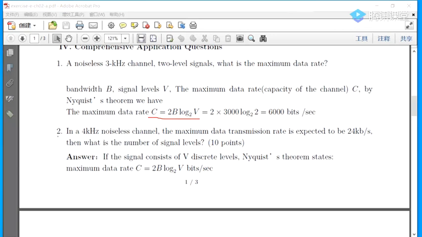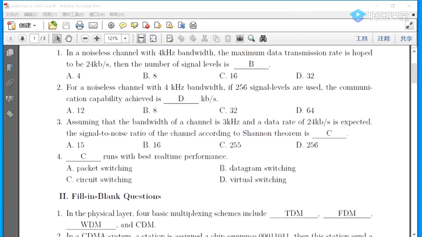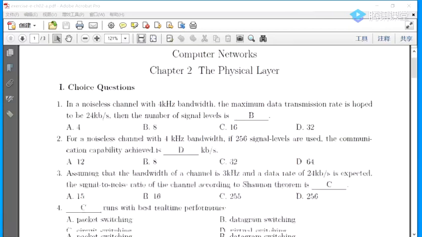Question 2. In a 4 kHz noiseless channel, the maximum data transmission rate is expected to be 24 kbps. Then, what is the number of signal levels? This question is the same as the choice questions.